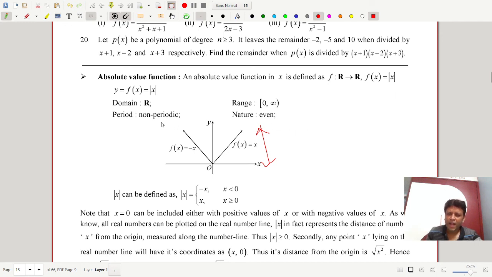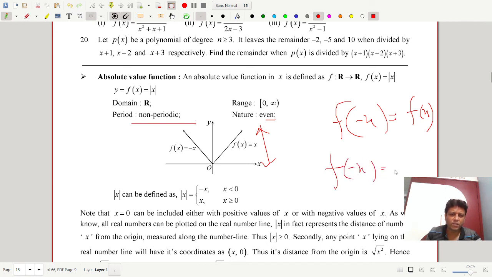Yes. And it is non-periodic, no period. Periodicity means the nature of the curve repeats itself. And it is an even function. Why is it even? Because f of minus x is fx. Even function means f of minus x is fx. Then what is an odd function? f of minus x is minus fx.